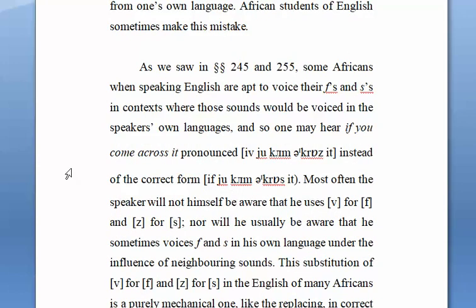Let's look at other examples. Let's look at this piece here, we can highlight. If you come across it, pronounce it.